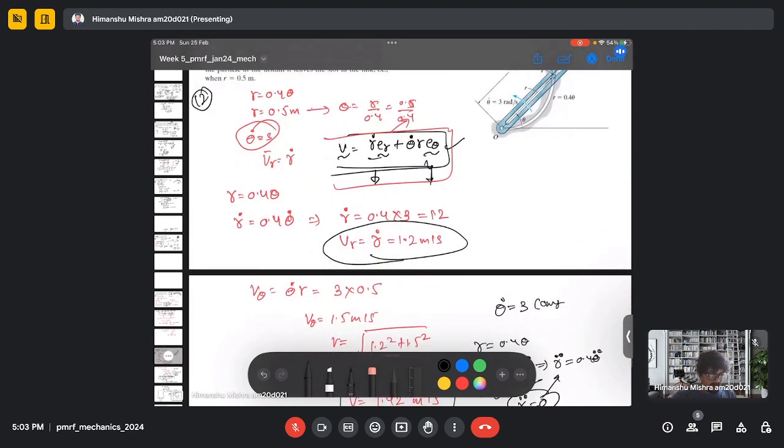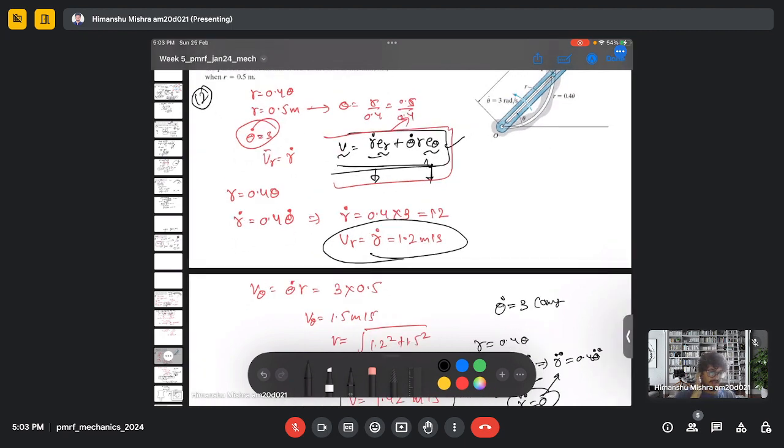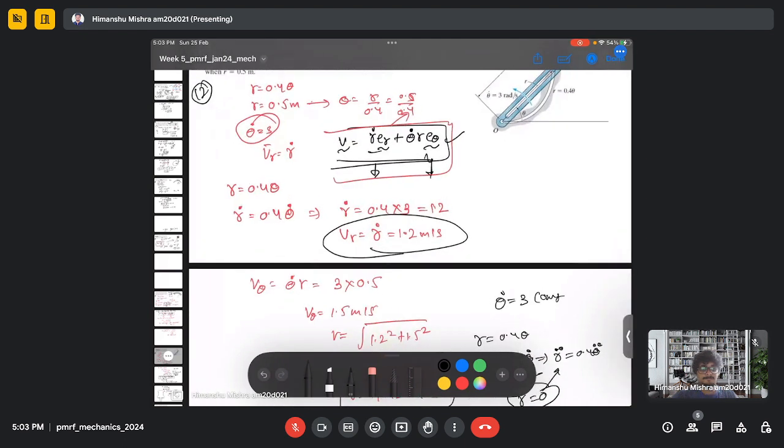So in both the questions, we need to find the component of velocity and acceleration. That's all. So any doubt until now?